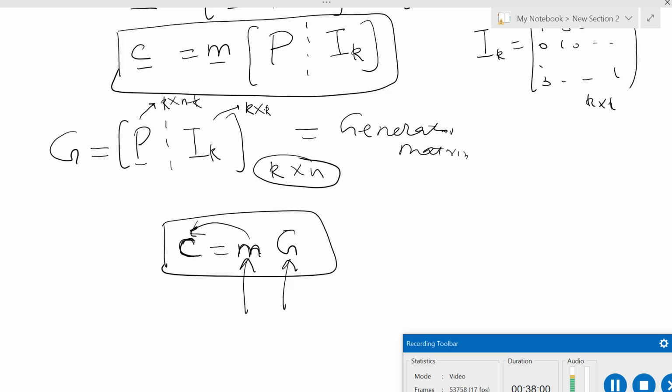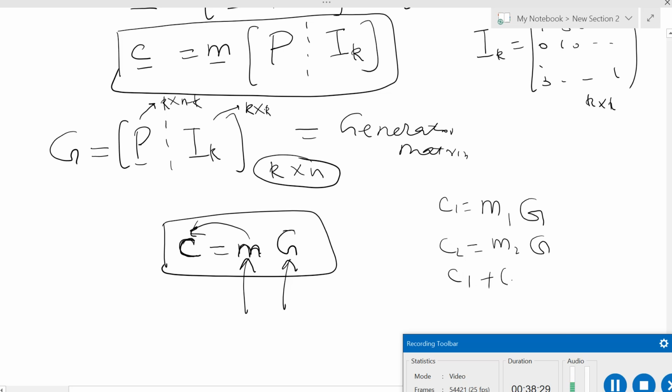Now comes the reason for calling it linear block codes. Suppose you have a message M1, and you multiply it with the generator matrix, it will give some code word, say C1. Similarly, you have a message M2, multiply by the generator matrix, you get a code word C2.